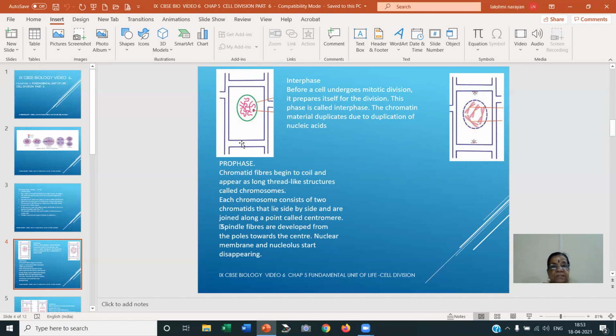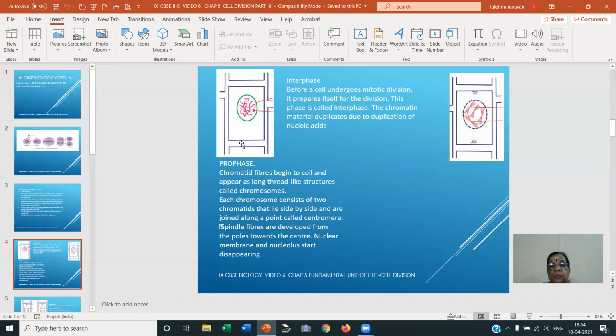Now in the prophase stage, chromatid fibers begin to coil and appear as long thread-like structures called chromosomes.